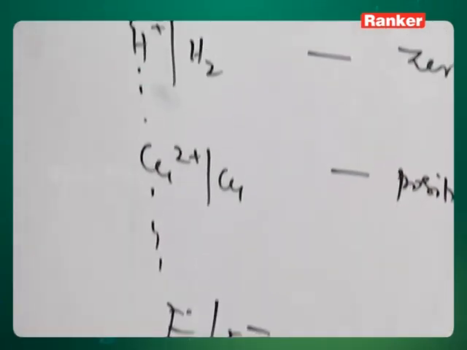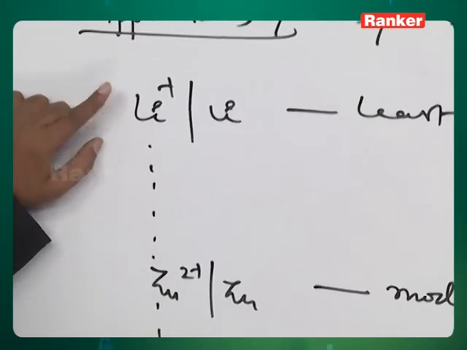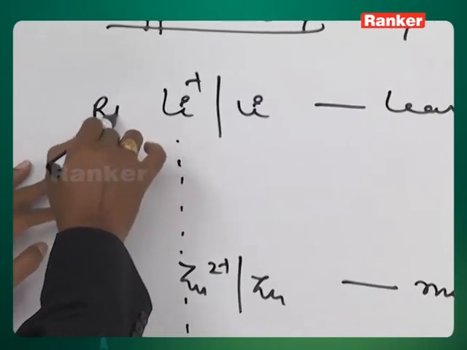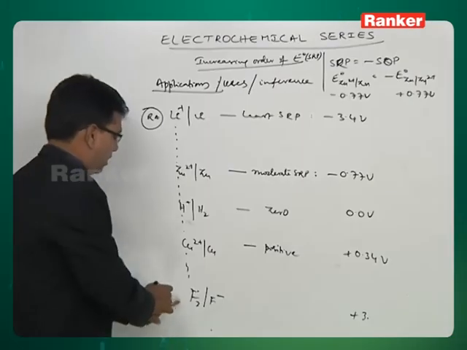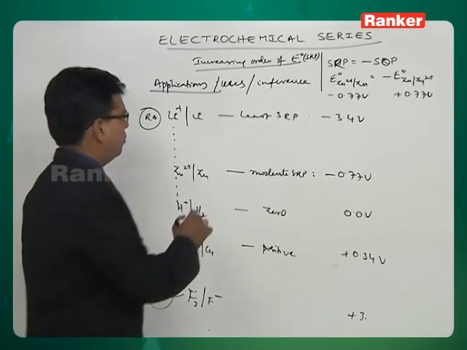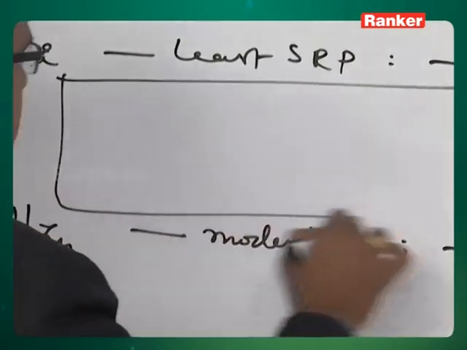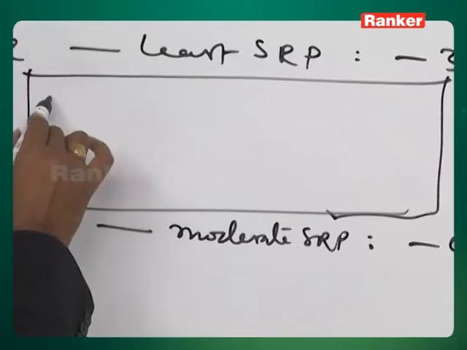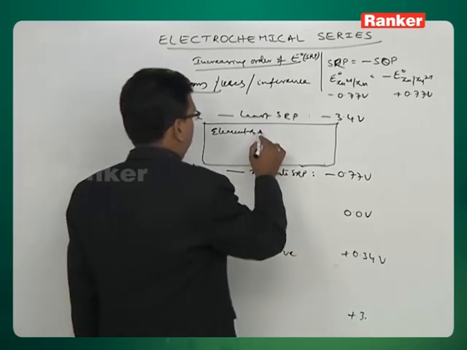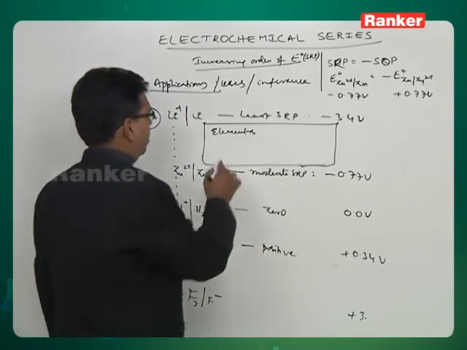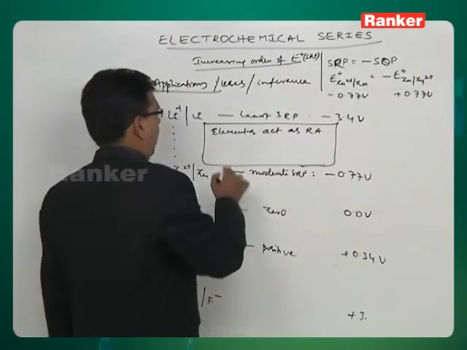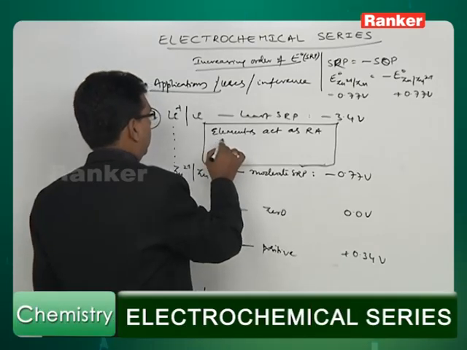This is the sequence. From this, what you can understand is that the element that comes first is a better reducing agent, and the element that comes last is a very good oxidizing agent. So, the elements over here can act as reducing agents.